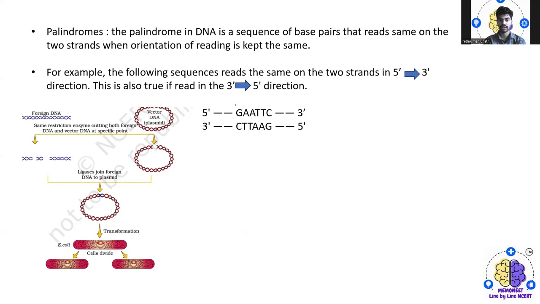If you read from 5 prime to 3 prime, you get GAATTC, and if you read the other strand from 5 prime to 3 prime, you again get the same thing, GAATTC. So this is what a palindrome is.